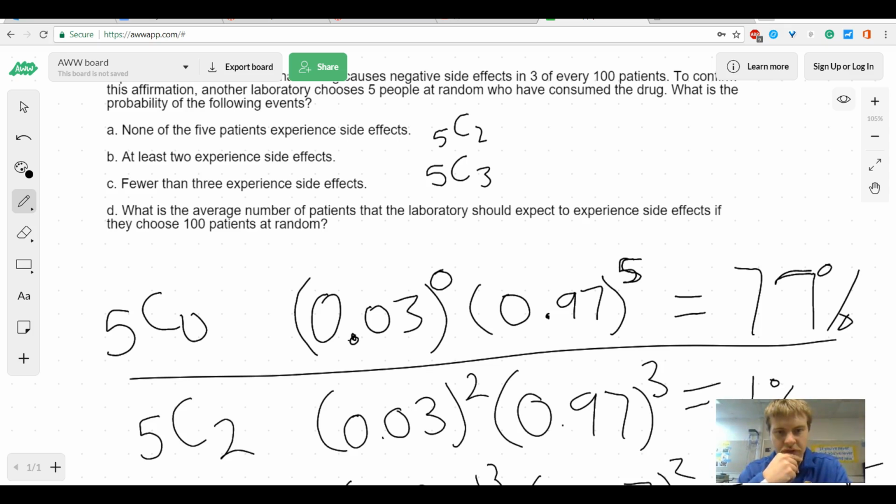And then what is the average number of patients that a laboratory should expect to experience side effects if they choose 100 random people? Well, the expected number of people that would have these side effects would be 100 times 0.03, and that would be 3 people. Which makes sense because 3 out of every 100 patients experience side effects. So if they had 100 people, they should expect 3.